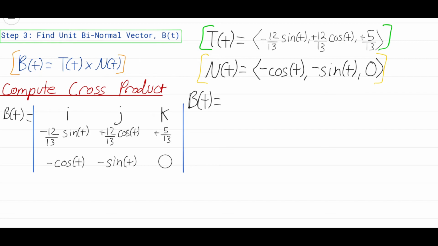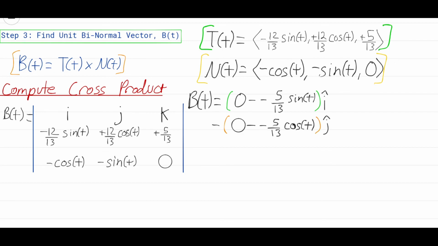So when we do this, we take our i and we cross it. So 0 times positive 12 over 13 cosine is 0, minus negative 5 over 13 sine. And this is our i. Our j is 0 times negative 5 over 13 cosine of t.